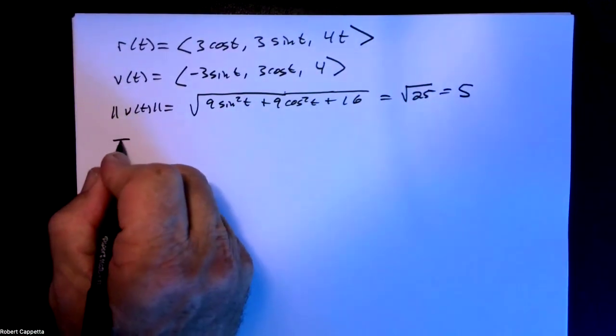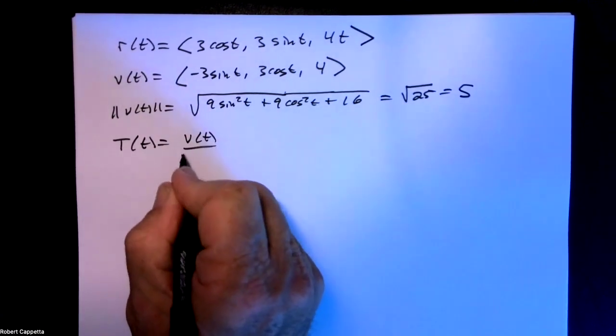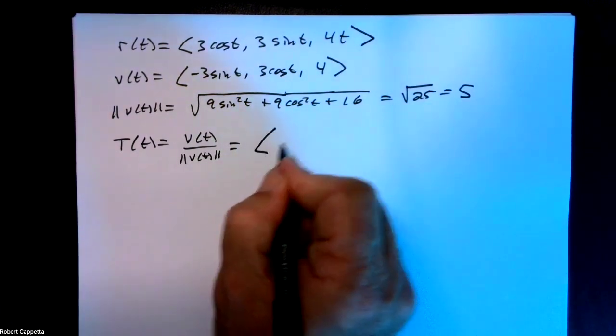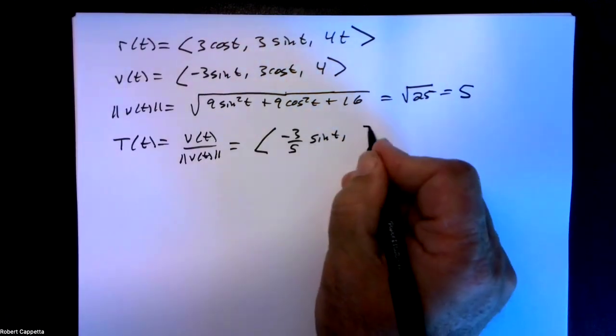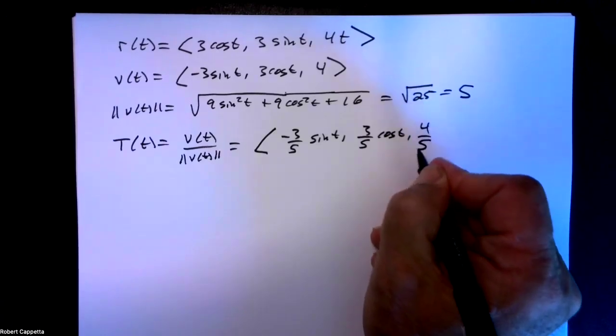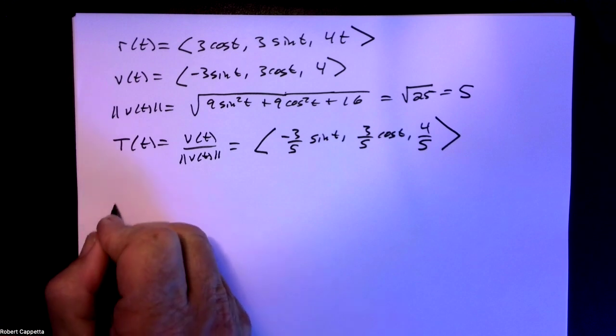So big T of t is velocity divided by speed. So divide all those things by 5, and I get -3/5 sine t, 3/5 cos t, and 4/5. Now, what about N? What did we say N of t was? We said N of t was T prime of t divided by the magnitude of T prime of t.